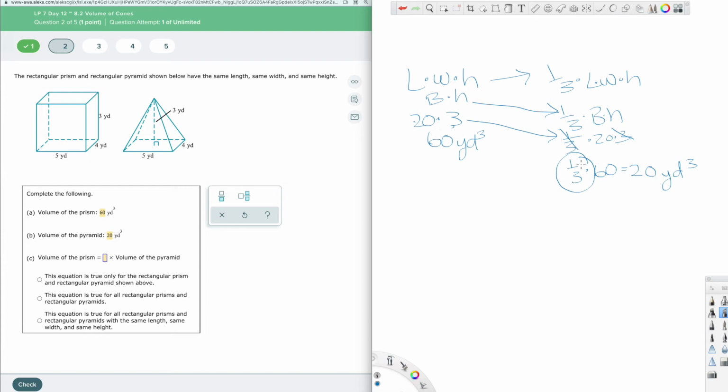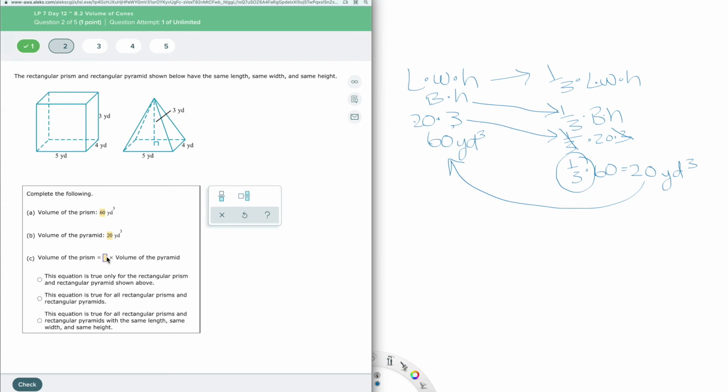So if I'm thinking of the prism as 3 times the size of the pyramid, I'd have to multiply the pyramid by 3 to get back to 60. 3 times 20 gives me the 60. So the prism is 3 times the volume of the pyramid.